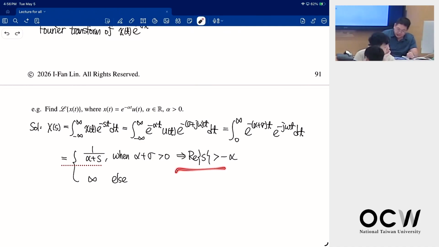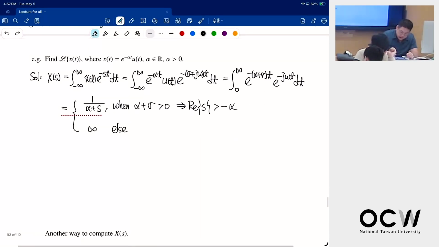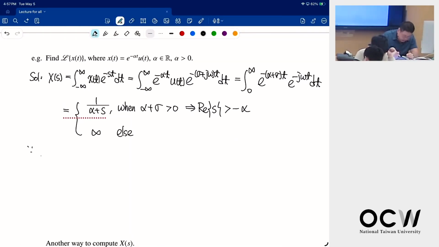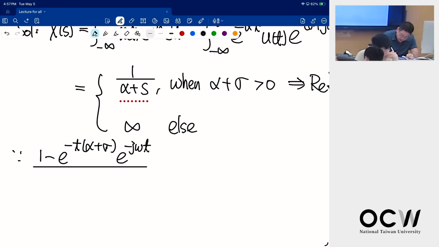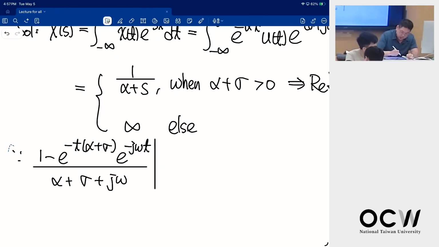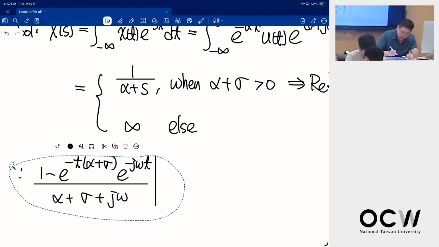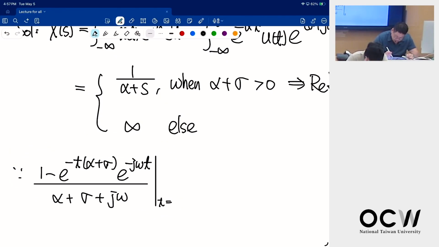Why? Okay, so from here, let's see. This one, because the integration will get 1 minus e to the minus t (alpha plus sigma) times e to the minus j omega t divided by alpha plus sigma plus j omega, and t is from 0 to infinity.